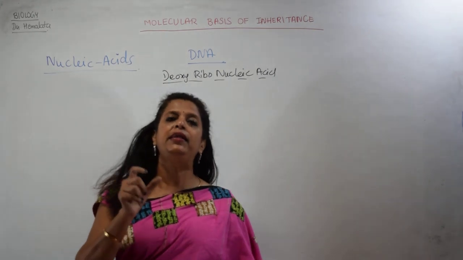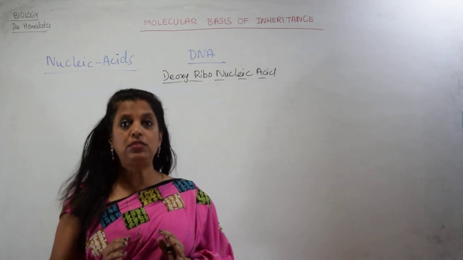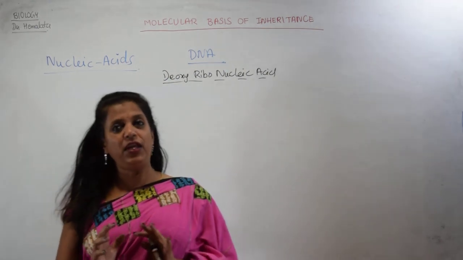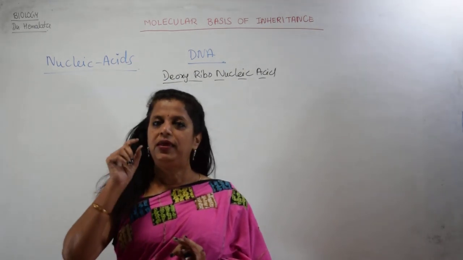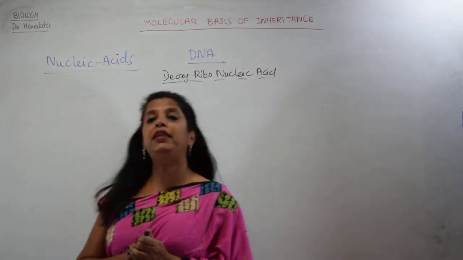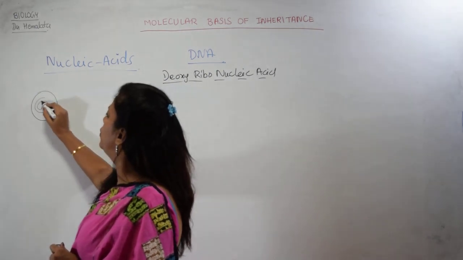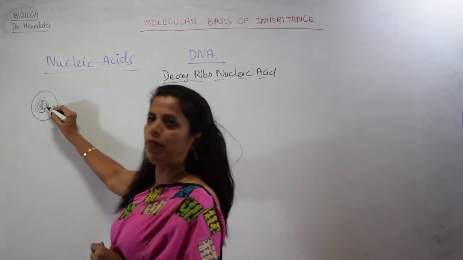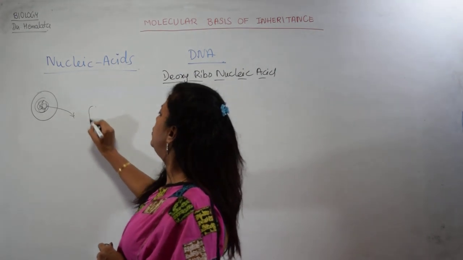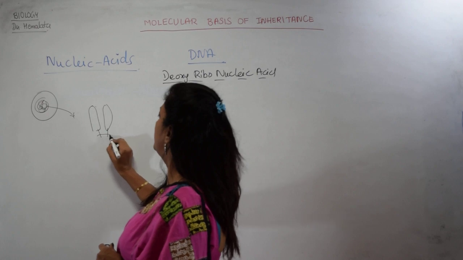DNA is the hereditary material of every cell, found in the nucleus of every eukaryotic cell in their chromosomes, right? So where is DNA found? Suppose you think that this is the cell, this is the nucleus, this is the chromatin. Take this and observe, you get the chromosomes like this, okay?